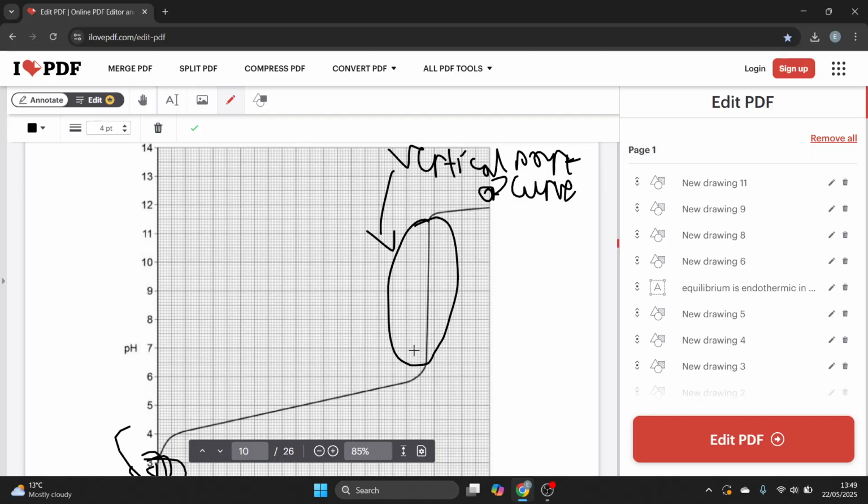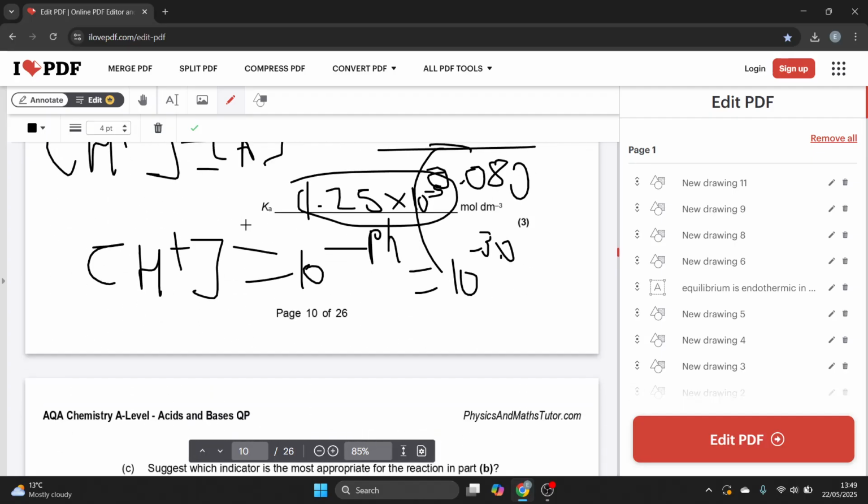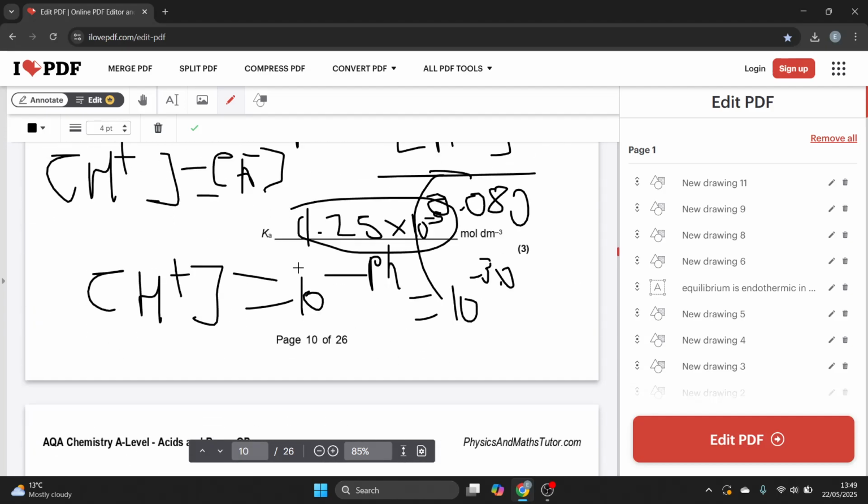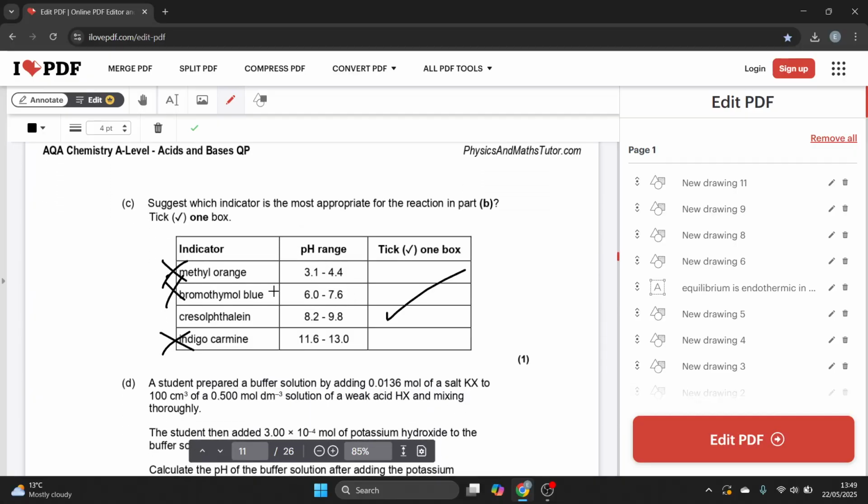It goes from, let's say start from here, 7 to, let's say, here, 11. 7 to 11, that's what I'm looking for. That's the range. So that's not going to work. That's not going to work. That's definitely not going to work. So therefore, it's that. That's how you do it. It's very simple with these kind of questions, but it gives you the information. Then yeah, 7 to 11.